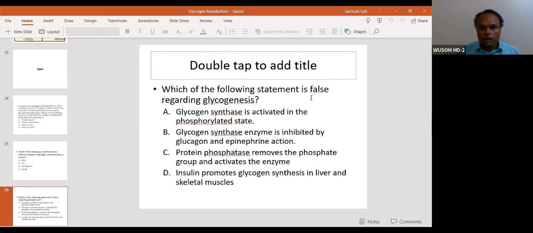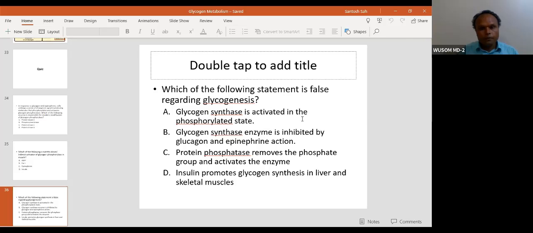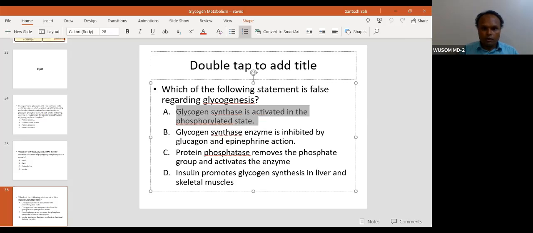So, which of the following statements is false? Glycogen synthase is activated in the phosphorylated state. Yes, it is not activated by phosphorylation. And protein phosphatase, by removing phosphate, activates many enzymes. So this statement is partly true, not always true.